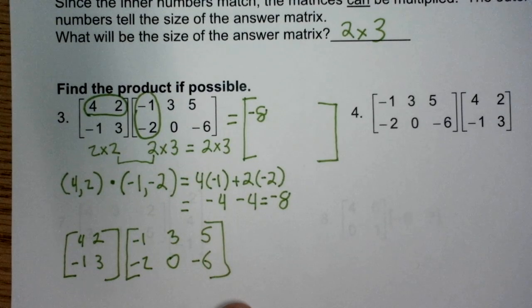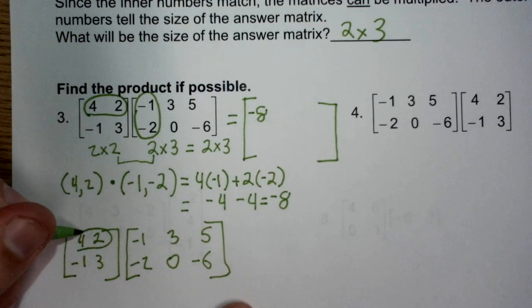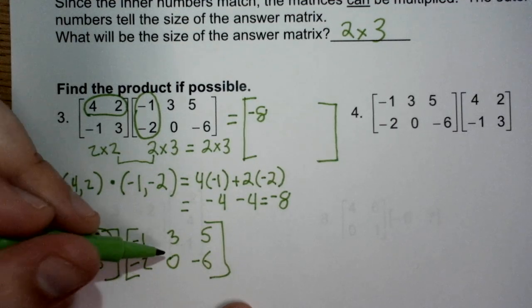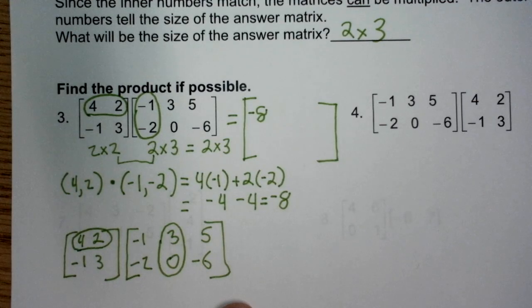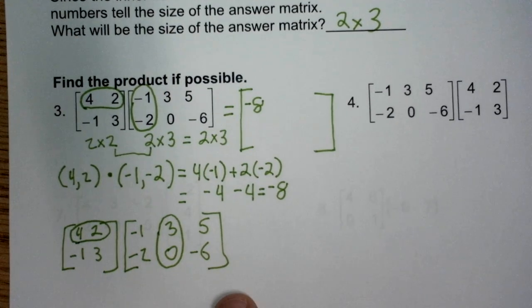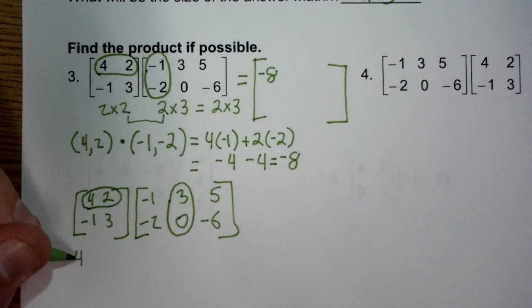So now that I've multiplied the first part, I'm going to move on and keep using my first row here, but I'm moving on to the second column. When I multiply that all out, it's going to go in my second spot right there. So I have a 4 and a 2.